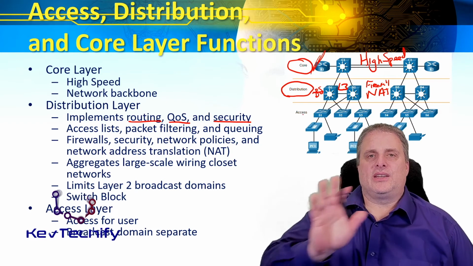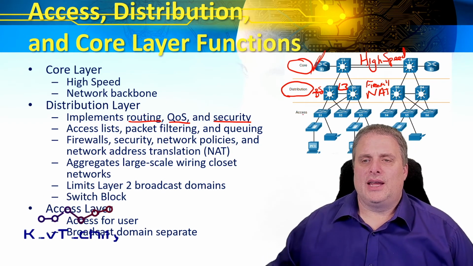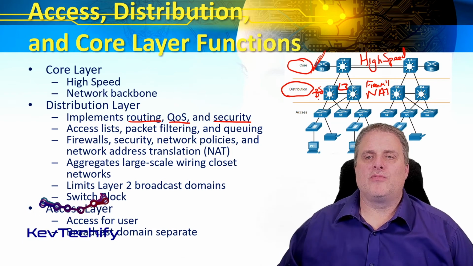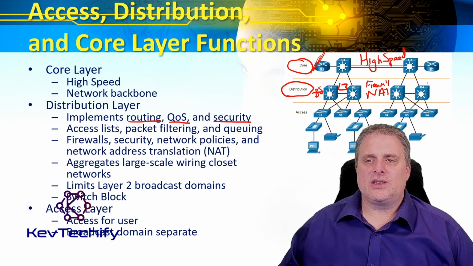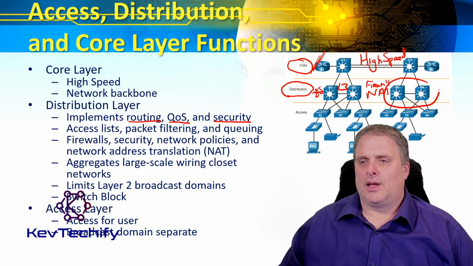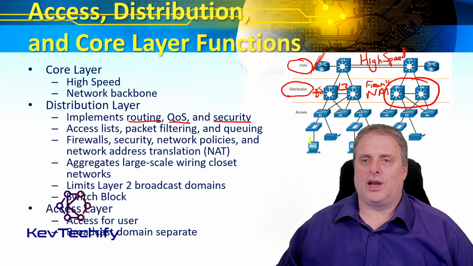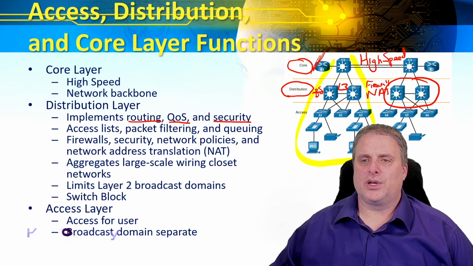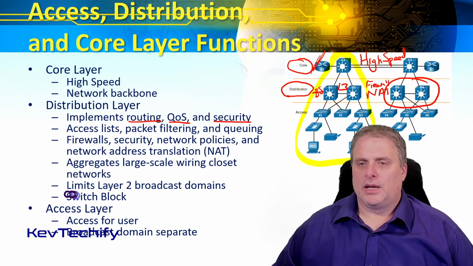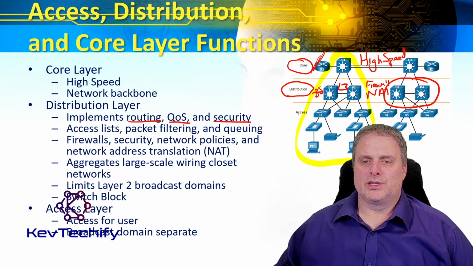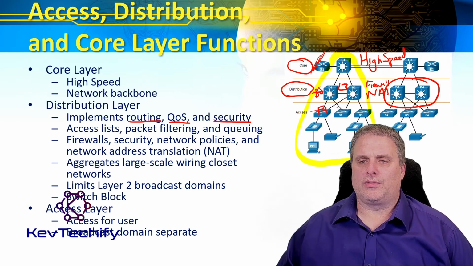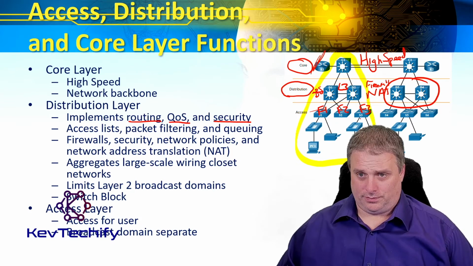One other idea to sort of wrap your head around is at the distribution layer, when you have more than one device here, these are called switch blocks. Now, when we look at this, you can think of this area right here as almost, this is a building. We have multiple floors, so this would be floor 1 here, floor 2, each with their own access switch, floor 3.